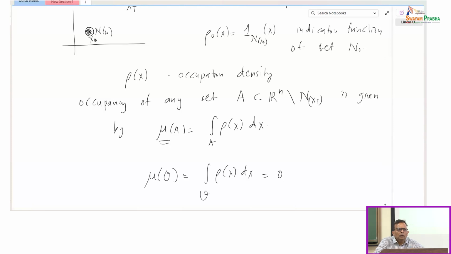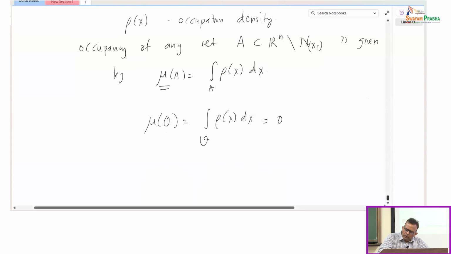Okay? So the construction of rho is as simple as that. So you just make the rho 0 on the unsafe set and make the rho take large value at the target set. Okay? Maximum value at the target set. And then we can show that this rho can be used for designing controllers.